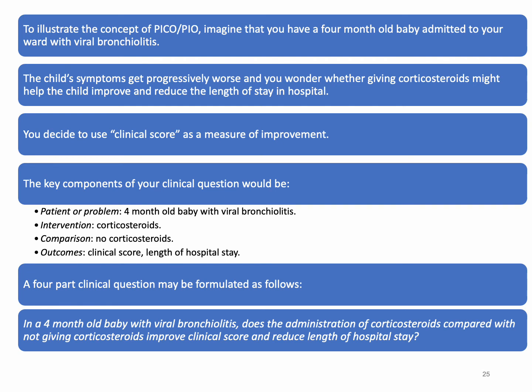You decide to use clinical scores as a measure of improvement. The key components of your clinical question are: patient or problem, a 4-month-old baby with viral bronchiolitis; intervention is corticosteroids; comparison is no corticosteroid; and the outcome is clinical score and length of hospital stay.